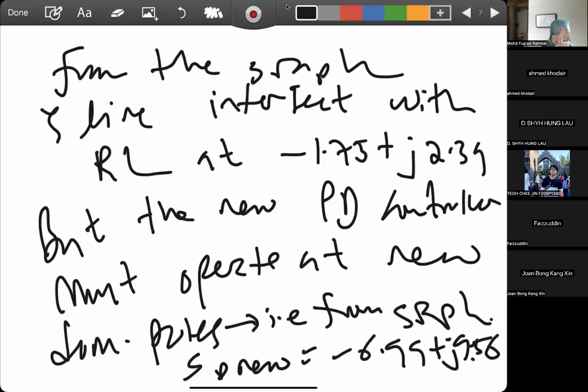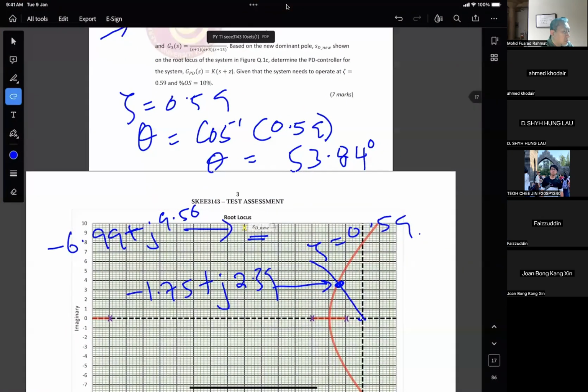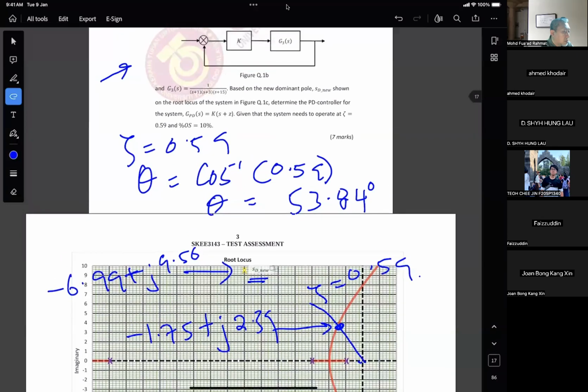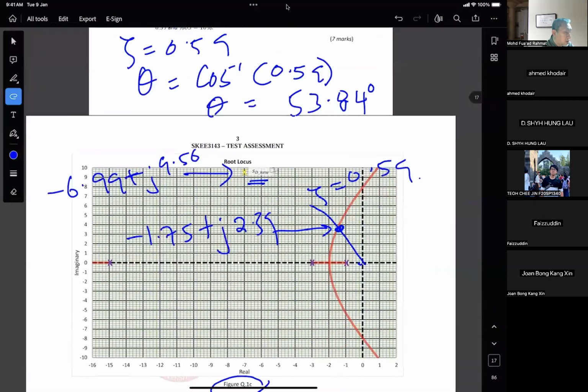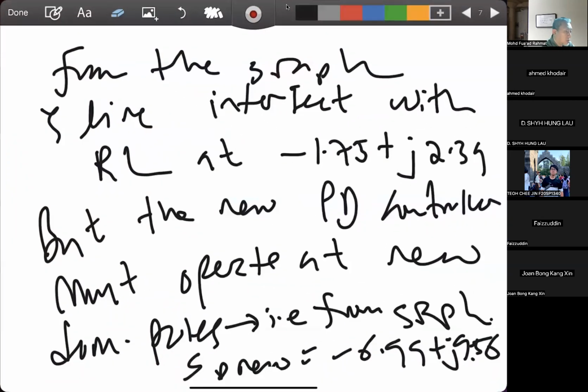So we start by finding the settling time. If you read the question, we didn't mention what the new settling time is. So okay, we just follow here.